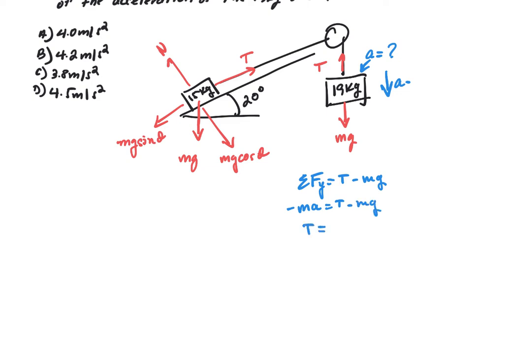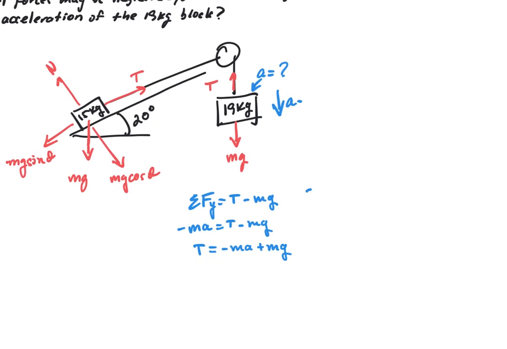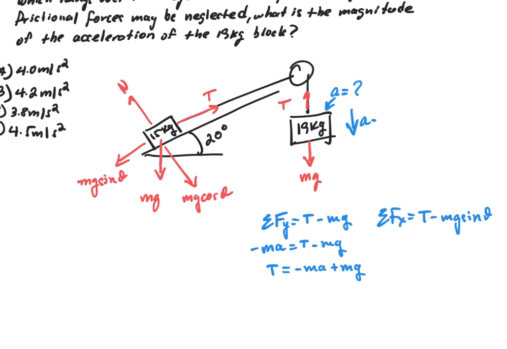So our tension is going to be minus ma plus mg. In our x direction, we have tension minus mg sine of theta. So there's no frictional forces, nothing else.